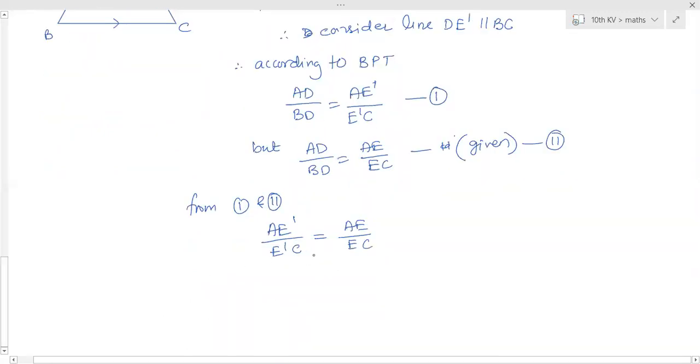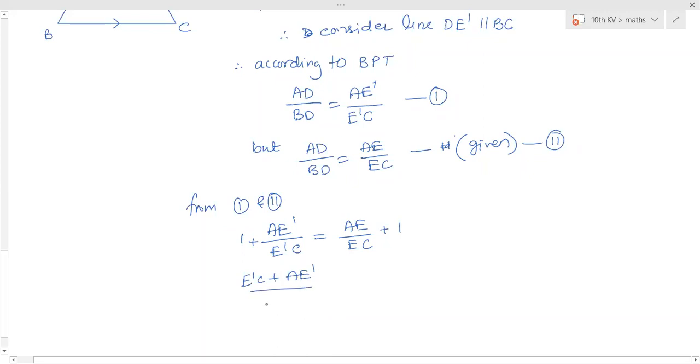We got it. Now our main aim is to show that AE and AE dash are equal. For that purpose, add 1 to both sides. So what do we get?